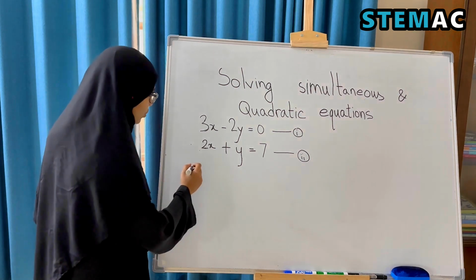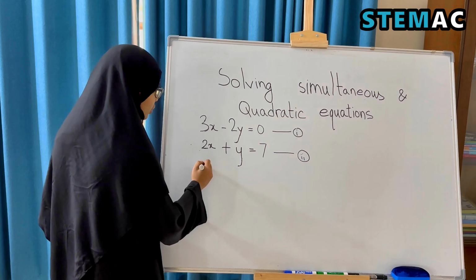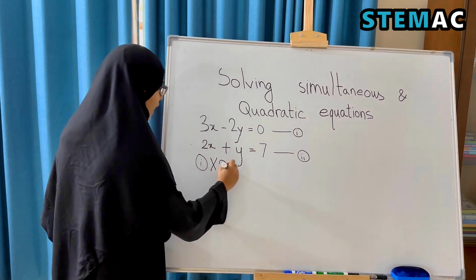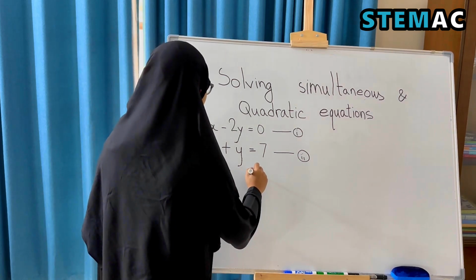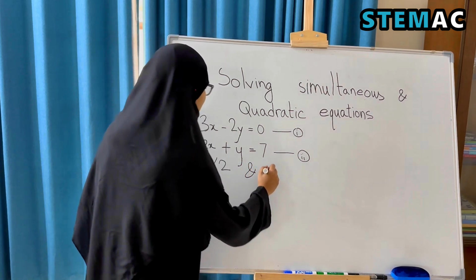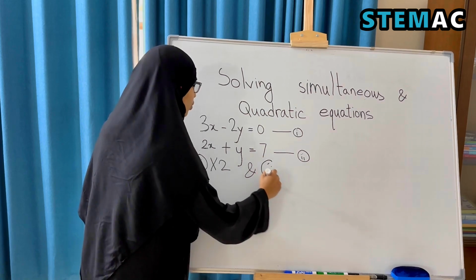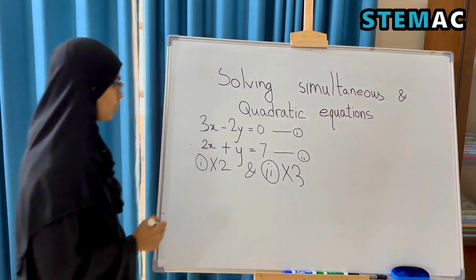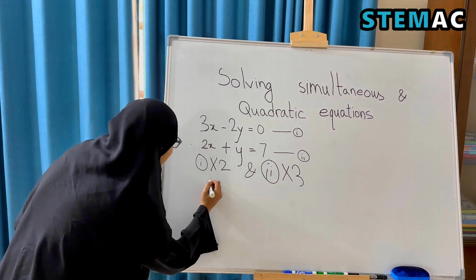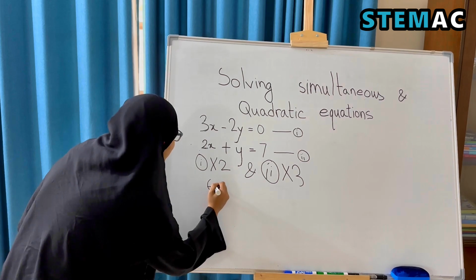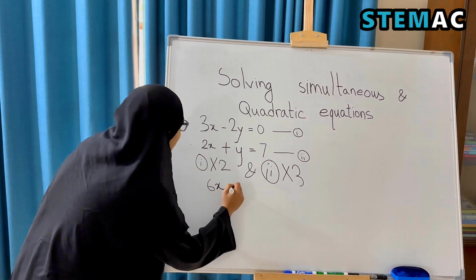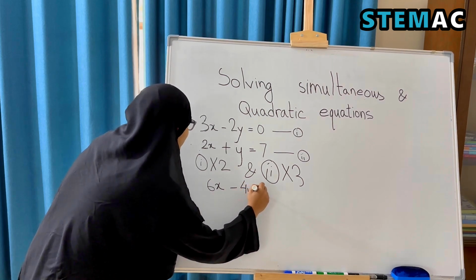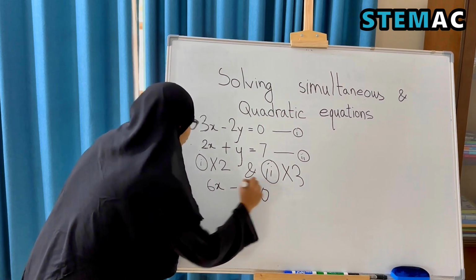So for that we need to multiply equation 1 with 2 and multiply equation 2 with 3. So what we get is 6x minus 4y equals 0.